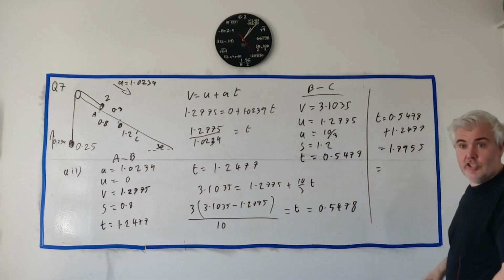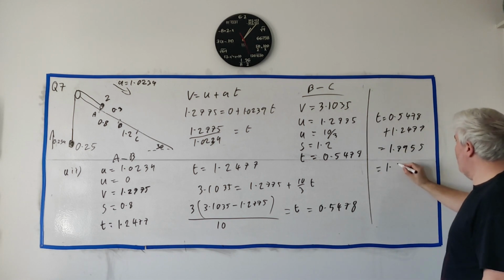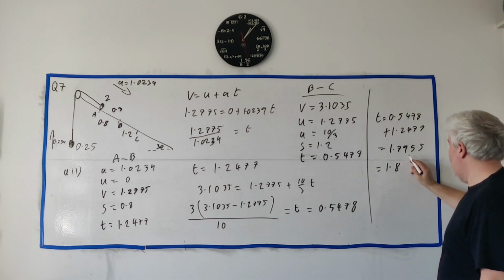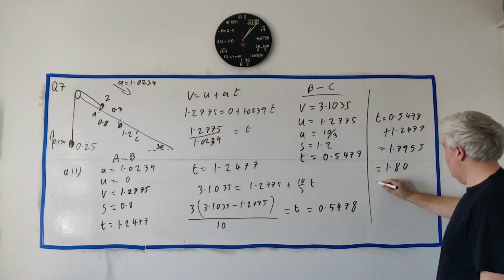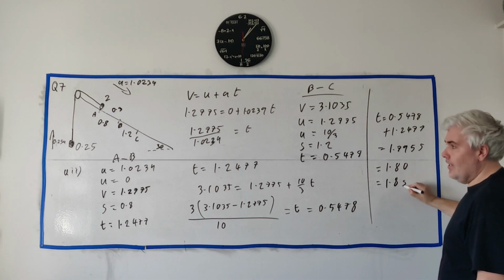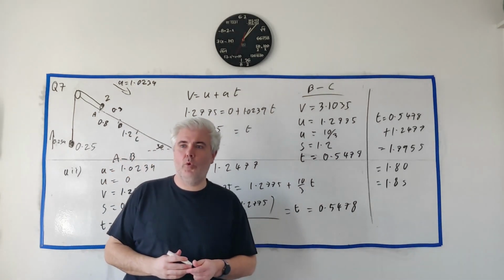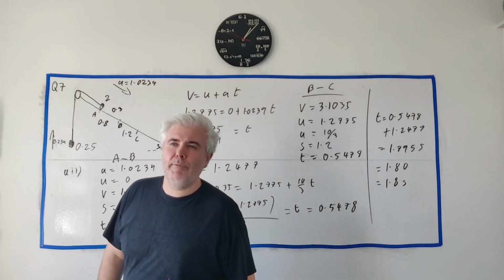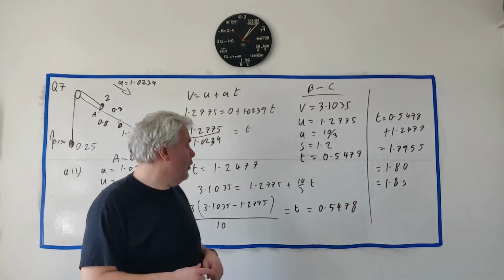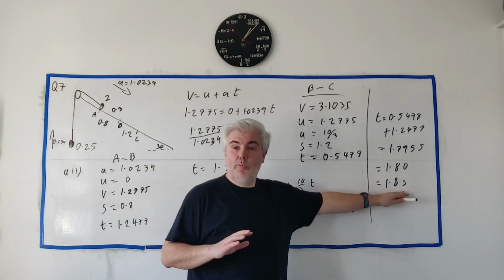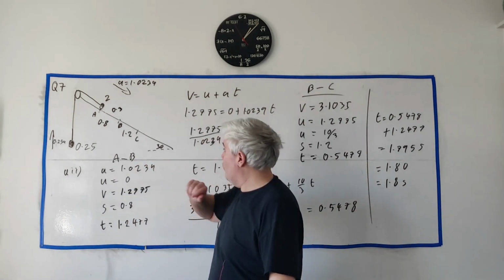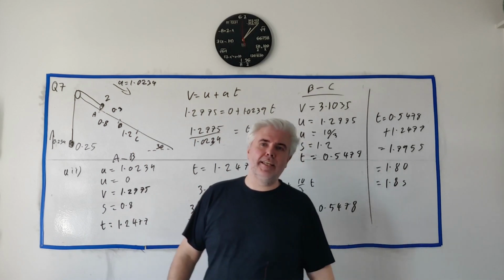But they wanted the 3 significant figures, so that's 1.80 or 1.8 seconds. That's the final answer for that question. Let me just check. Yeah, 1.8. That's the final answer. 1.8 seconds to get all the way from A to C.